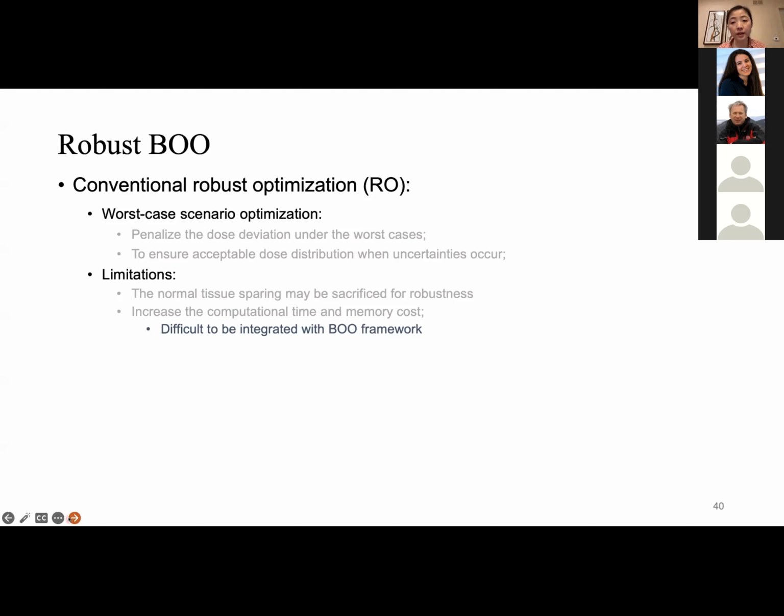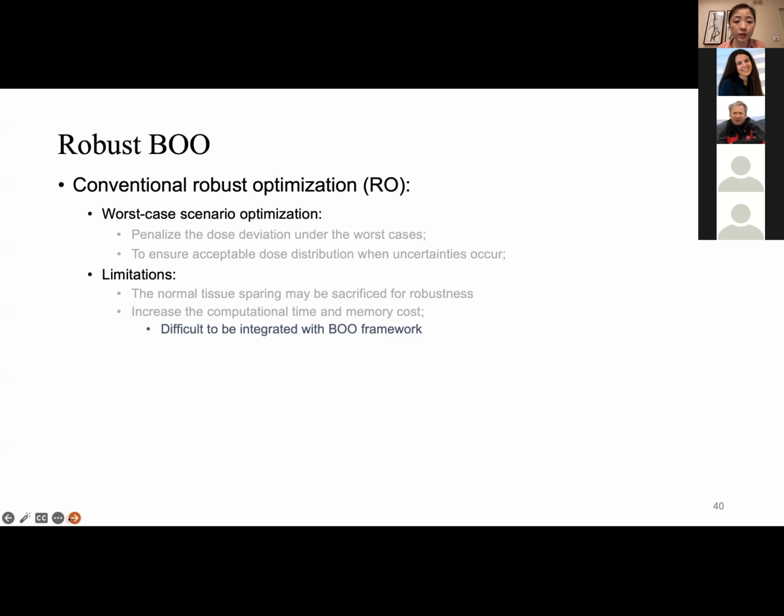But there are definitely a few limitations within this worst case method. First, normal tissue sparing might be sacrificed for robustness, because we are considering the worst case, but the worst case might not really happen in a real situation. So the plan might be over-conservative, and OAR sparing might be sacrificed for this over-conservative robustness.